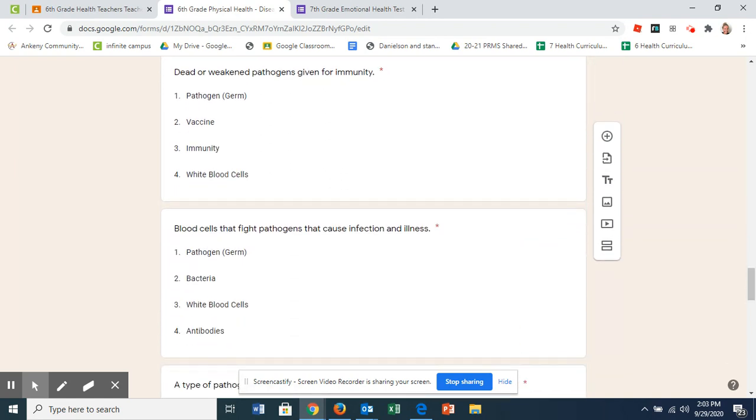Next definition: dead or weakened pathogens given for immunity. 1, pathogen, germ. 2, vaccine. 3, immunity. 4, white blood cells.